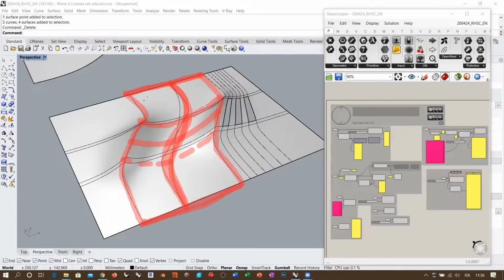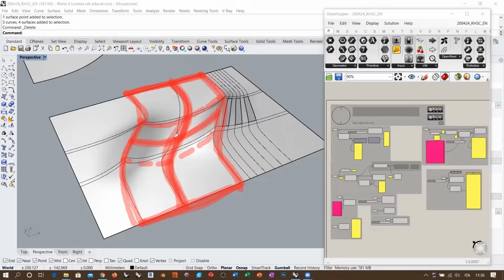But we are going to deal with 1, 2, and 3 curves in this direction, and with 1, 2, and 3 curves in the opposite direction, which leads us eventually to the only possible, well, it's not the only possible command, but we can work only with network surfaces right here.